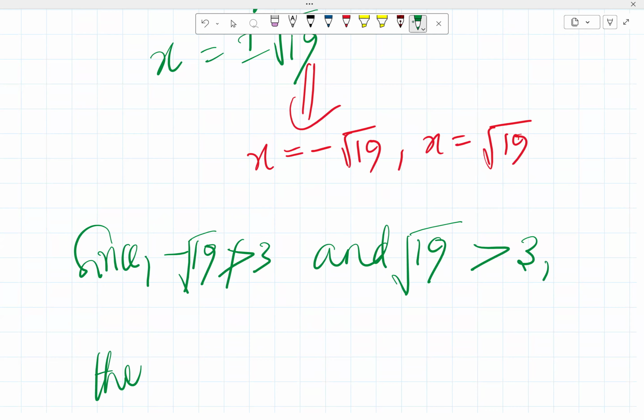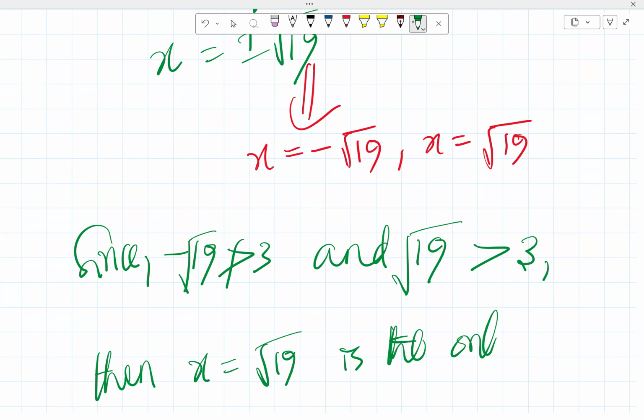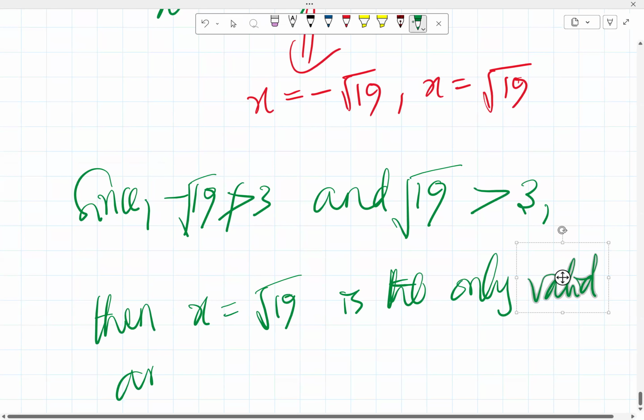Then x equals root 19, the positive root 19, is the only valid answer. That's the only valid answer. So x equals root 19 is the only answer we can admit.